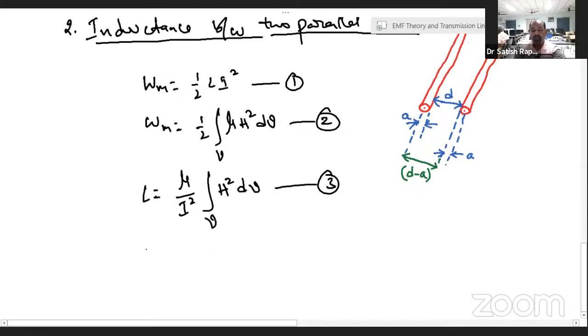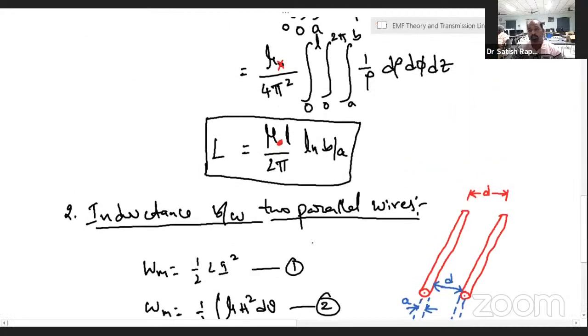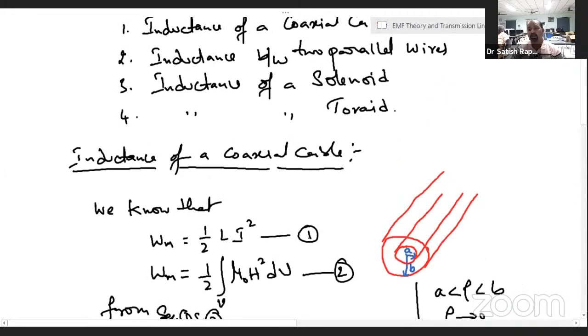And the magnetic field. So what is the magnetic field? Here the magnetic field H is equal to I by 2 pi d. Again the same, because it is a long straight wire. A coaxial cable is also a long straight wire; it comes under that category.